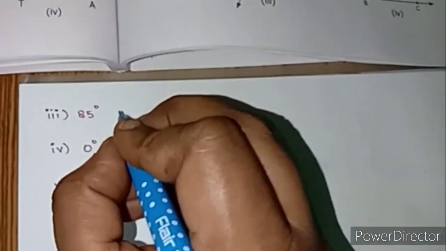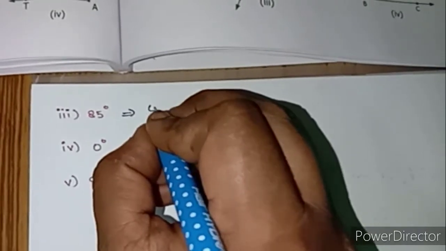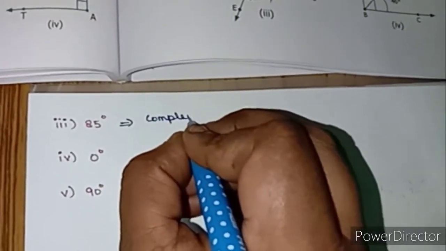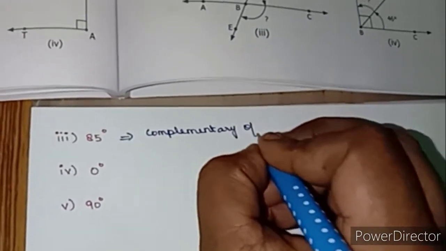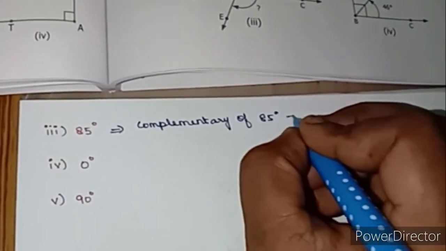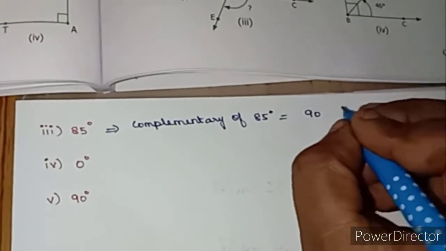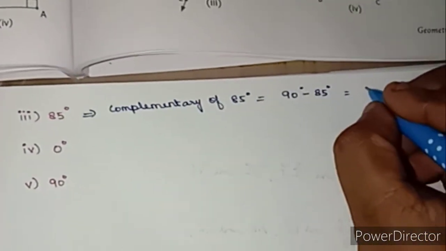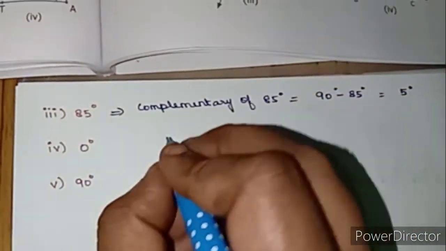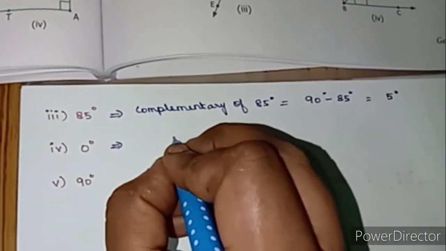See, 85 degree. So the complementary of 85 degree is 90 minus 85, which is equal to 5 degree. Next is 0.